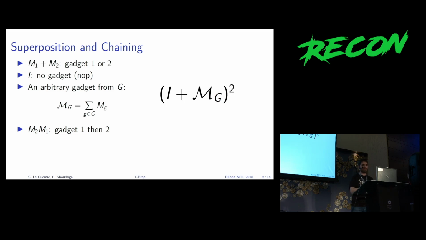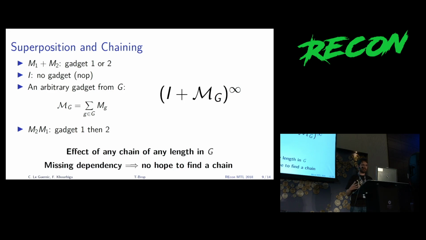If I take the square, I get the matrix of applying 0, 1, or 2 gadgets, and if I continue squaring each time, it will saturate in a few steps, and then I get a dependency matrix that encompasses the effect of any chain of any length of gadgets in my set G. And if the dependency I'm interested in is not in this matrix, it's useless to even try to do a chain because it's not possible. So it means that instead of trying to do a chain, I will extend my set of gadgets by trying to find bigger gadgets.